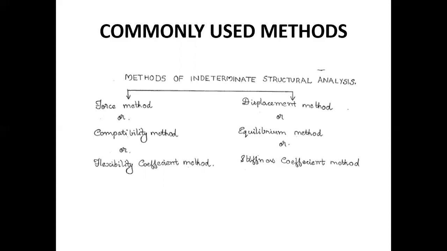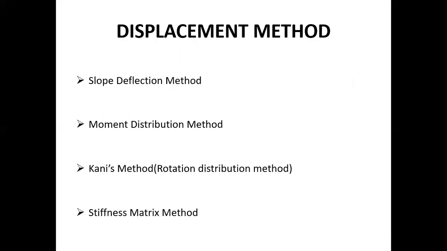There are various types of methods that come in the category of force methods and displacement methods. Now, the other is displacement methods. These are some examples of displacement methods. First is the slope deflection method.